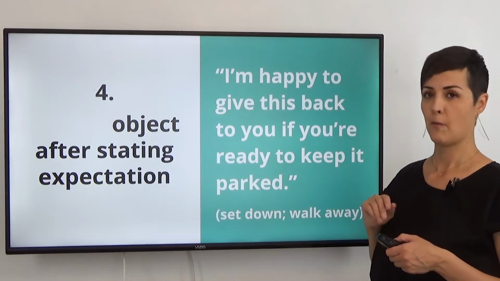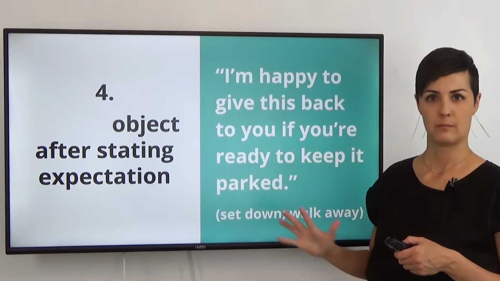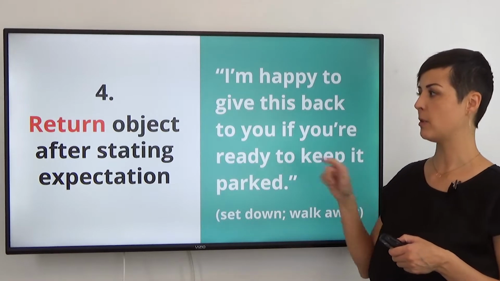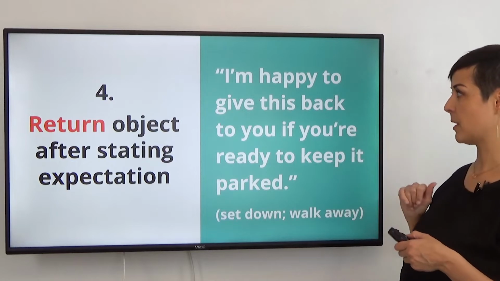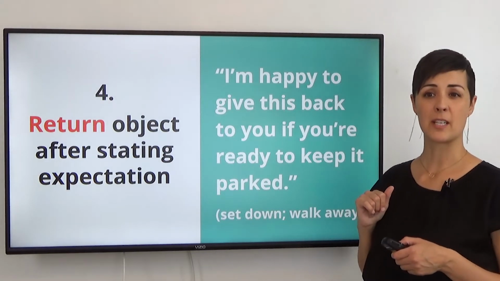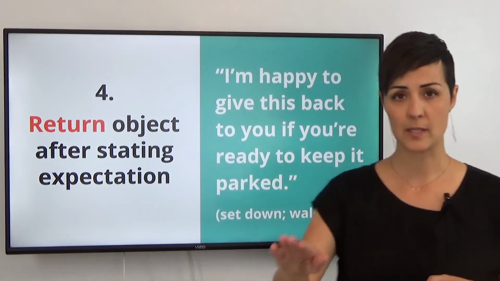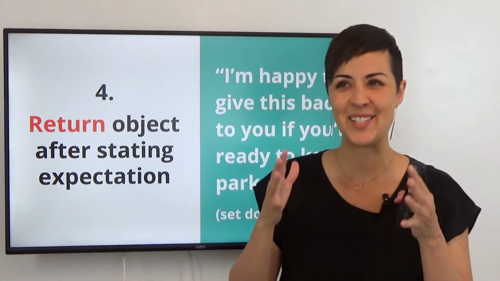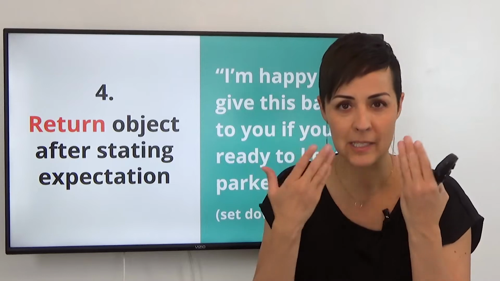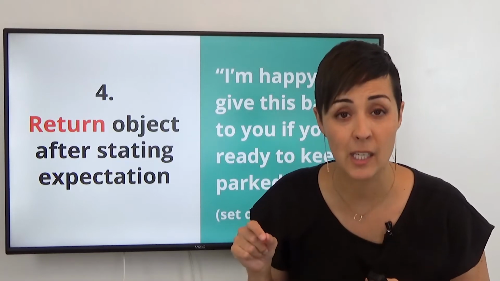And then the 4th step in our top 5 removal must-haves is that you would return the object after stating the expectation. So I might say something like, "Ty, I'm happy to give this back to you if you're ready to keep it parked." And I'm going to set it down and walk away. I'm not going to stay in front of Ty and make sustained eye contact and say, "Are you ready to keep it parked?